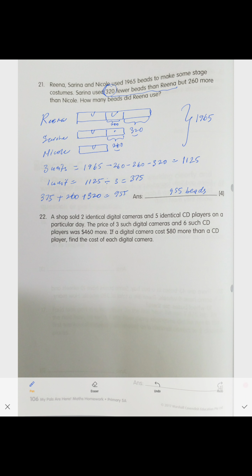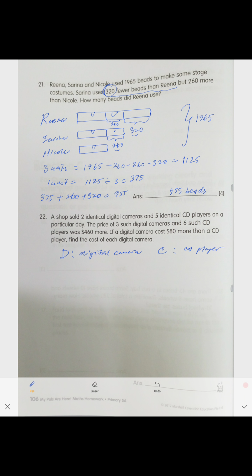Let's draw our model first. So we have our digital cameras and we have our CD players. Let's call them D for digital camera, and C for our CD player.